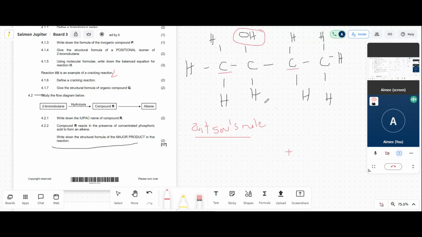And the rule says that you remove it from the carbon that has the least amount of hydrogens. We call it the rich get richer and the poor get poorer rule, because you're stealing a hydrogen from the carbon that already doesn't have that many hydrogens. So according to this rule, we remove the hydrogen from here.